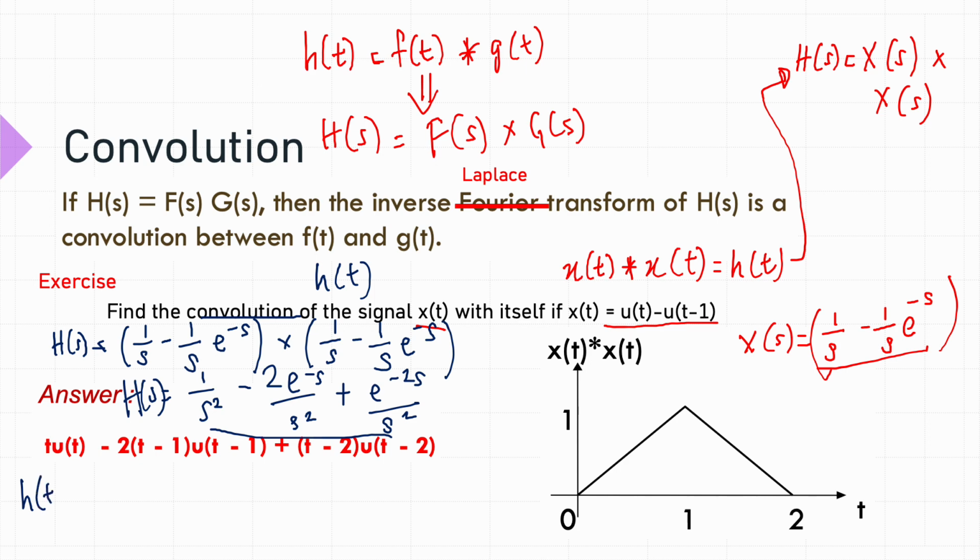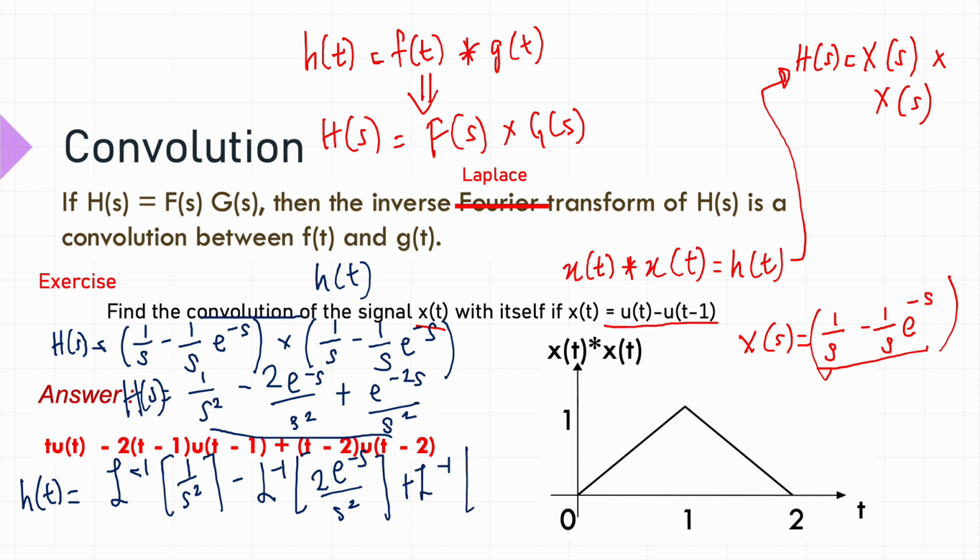So h(t) will equal the inverse Laplace of 1 over s squared, minus the inverse Laplace of 2 exponential negative s over s squared, plus the inverse Laplace of exponential negative 2s over s squared.